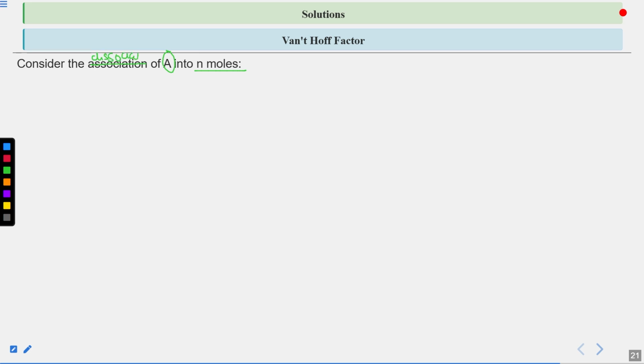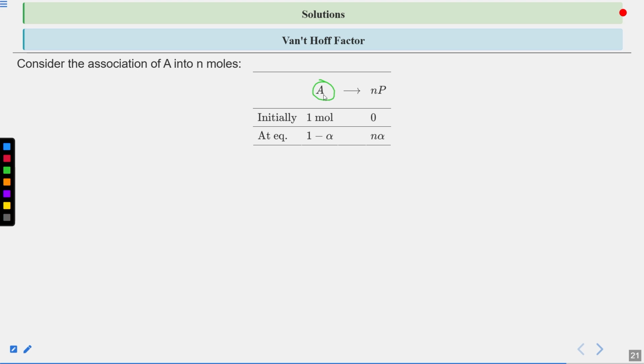So this is dissociation. Then what will happen? One particle is initially there, but after this dissociation, alpha particles will be removed and n alpha will be formed. As one particle is getting dissociated into n particles, alpha will be dissociating into n alpha.